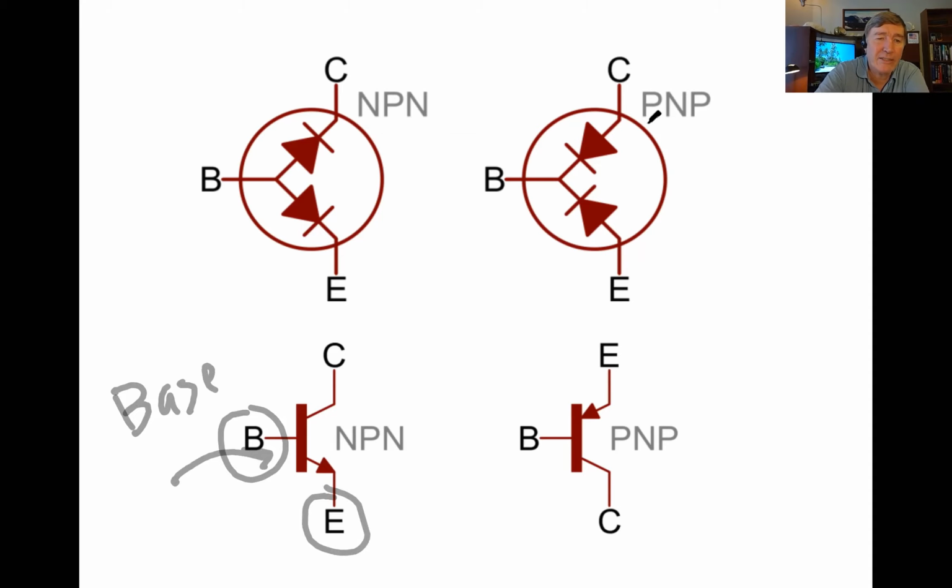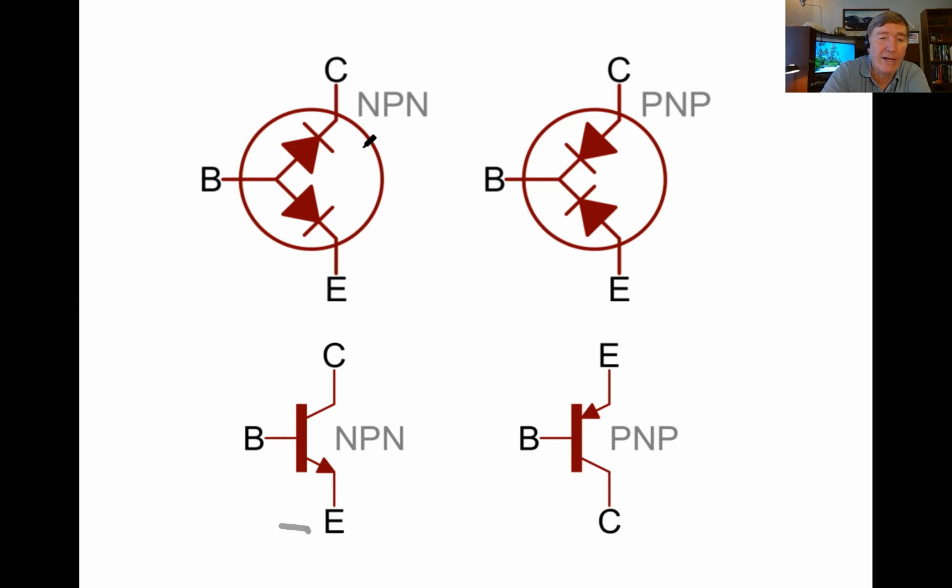So when you connect the base to the emitter, if you put the emitter at 0 volts, so you put this basically at ground, and then you put the base at some positive voltage, then current can flow from the base to the emitter.